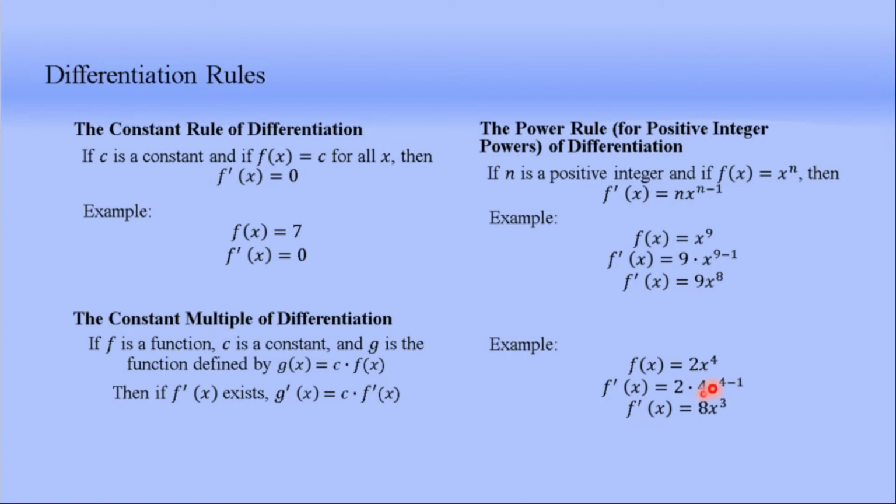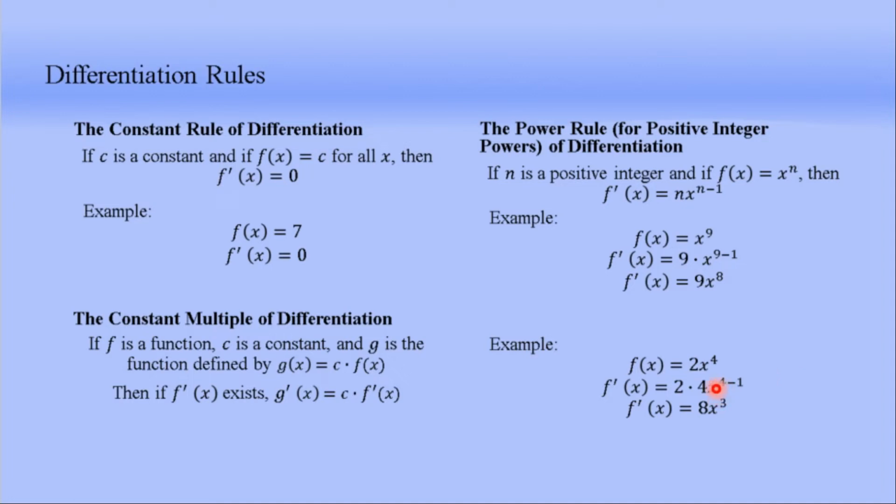So what we do is separate the 2 from the x, and as you can see, this is a positive integer power, x to the 4th, so we're going to utilize the power rule for positive integer powers.